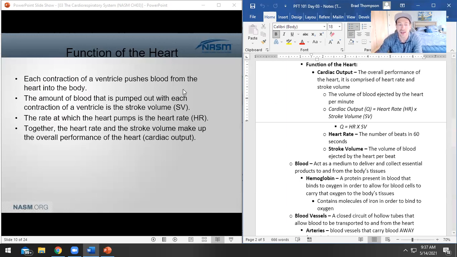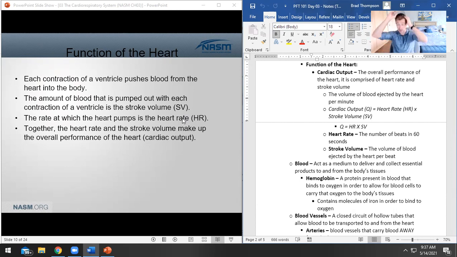Now, we do like to represent this as an equation. So the things that they may test you on, the things you need to know: you need to understand that the cardiac output is the overall performance of the heart. They may ask you that question, or a version of the question, like your cardiac output is comprised of what? And it'll be your heart rate and your stroke volume.